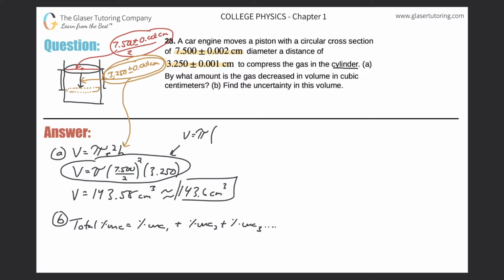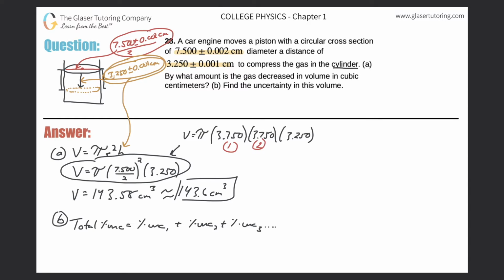Now, just to make this easier, let's just do that division. That number works out to 3.75. So I really took 3.750 times 3.750 and then times 3.250. So although I used two measurements, I really calculated three measured values in the formula, right?